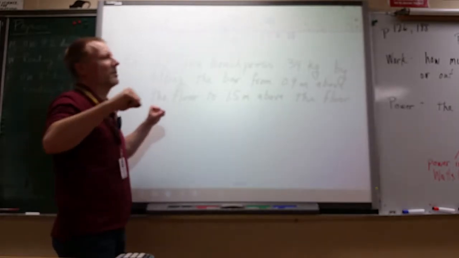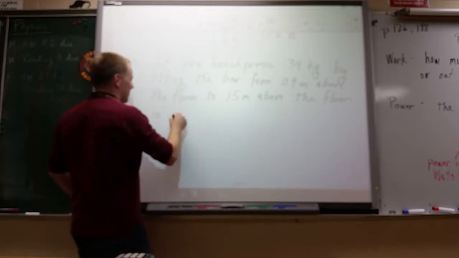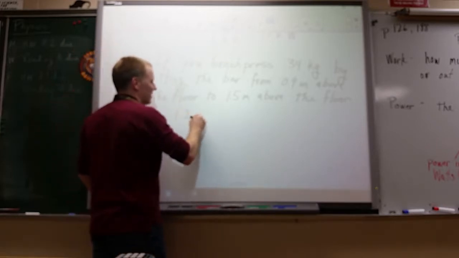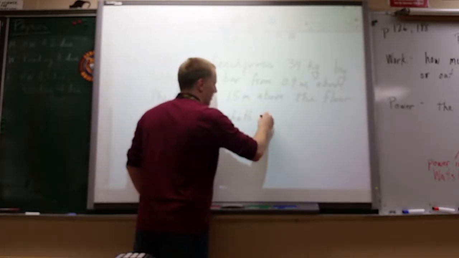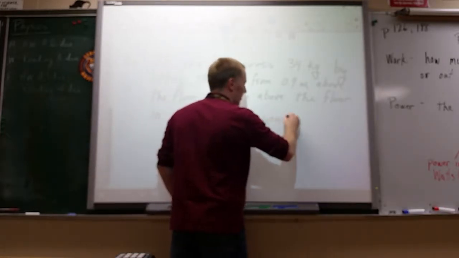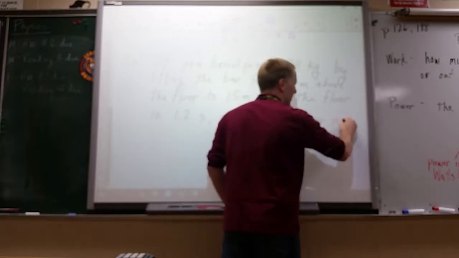Let's see, you want to do it kind of slow. Say it takes 1.2 seconds. What's your power? Power output would be a good way to put it.